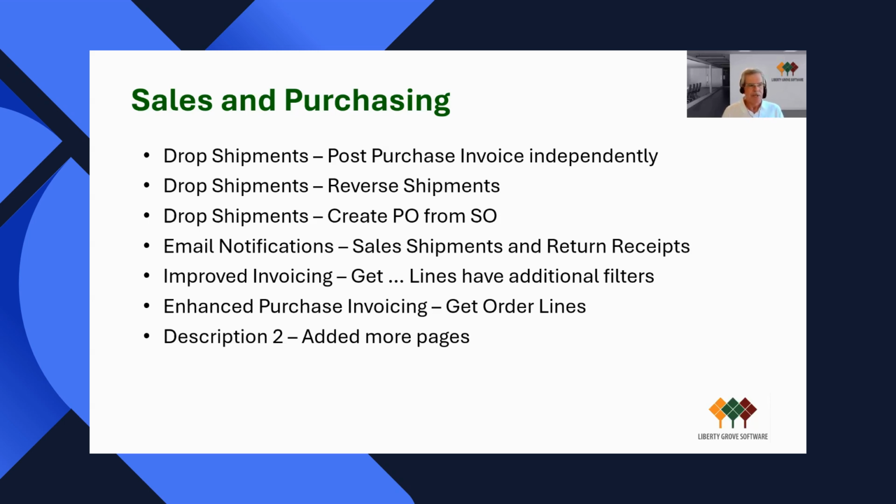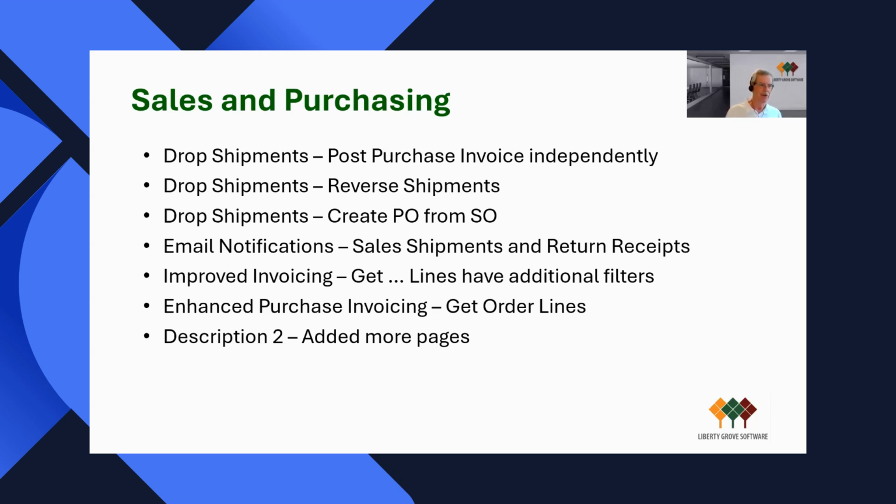We have enhanced purchase invoicing, so the ability to go and get order lines. You may receive a vendor invoice that might actually be related to two or three of their shipments, or potentially two or three of your purchase orders that they included in one transaction.